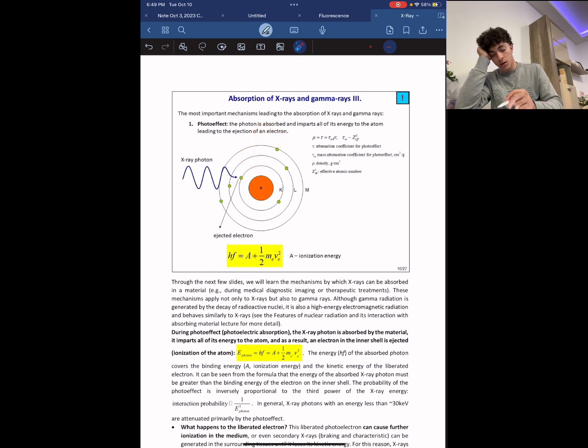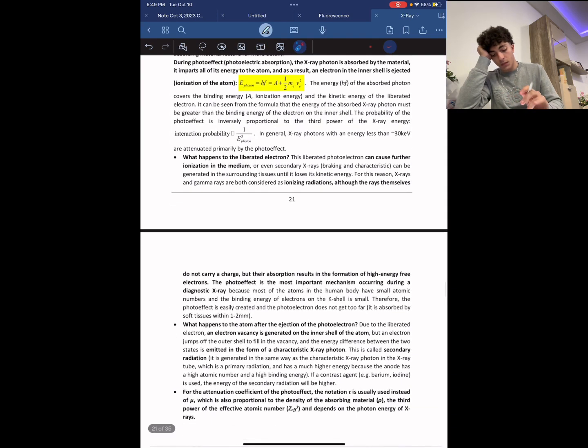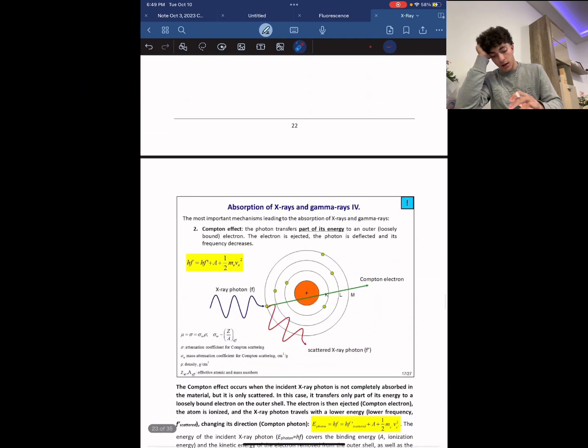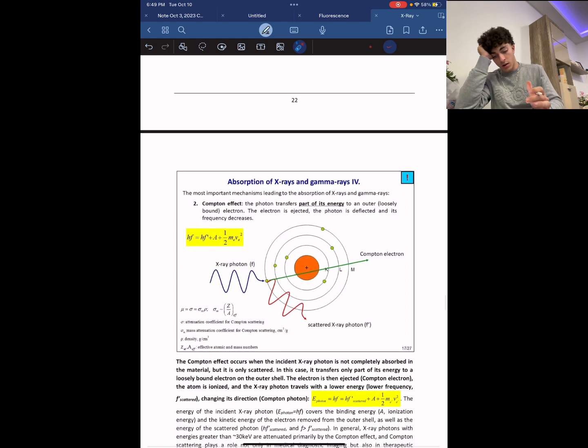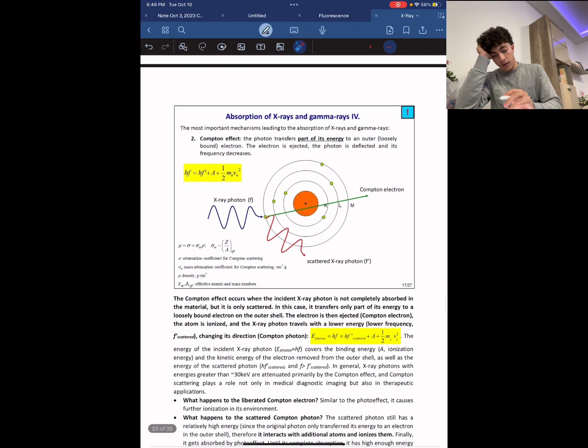This is the formula. So what is a photo effect? It's when an X-ray photon gives all of its energy to an inner electron, which leads to the ejection of the electron. Then we have Compton effect, which is kind of like braking radiation, but it's a little different. The X-ray photon comes, imparts some of its energy, and then scatters and does the same to other ones.